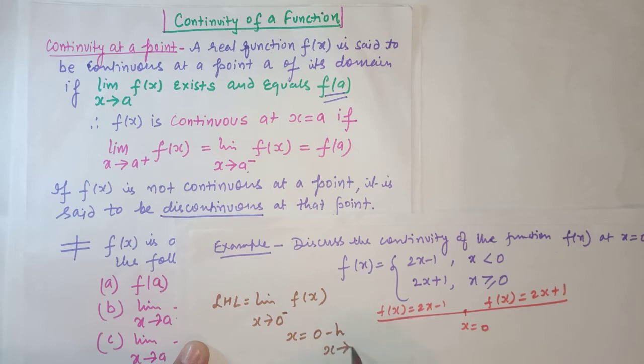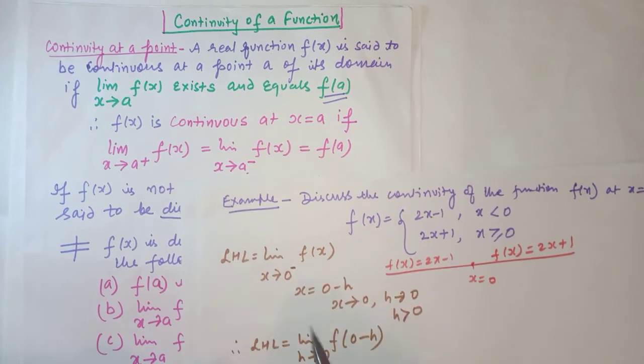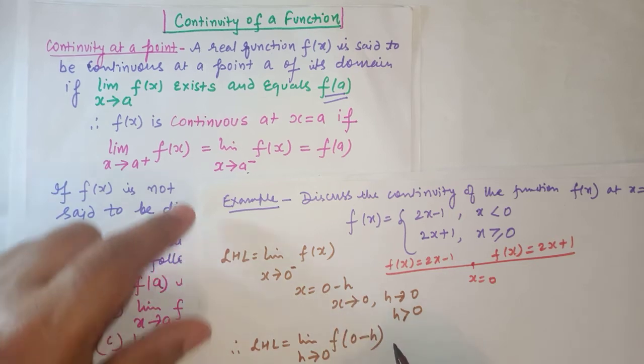So when x tends to 0, h tends to 0 and h is greater than 0. So the left hand limit is the limit as h tends to 0 of f of 0 minus h, because when x tends to 0 minus, then h tends to 0. For x we have substituted 0 minus h.